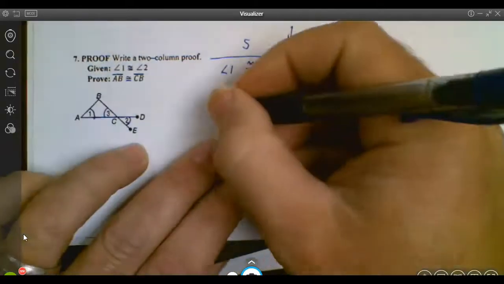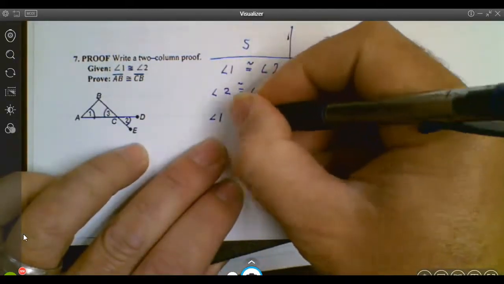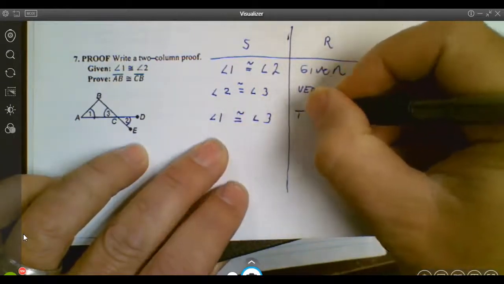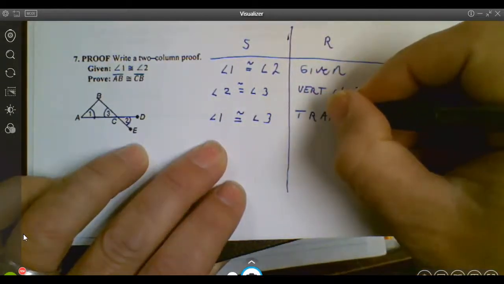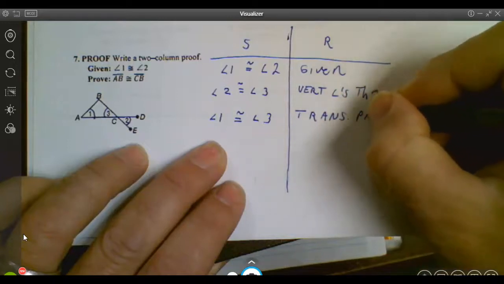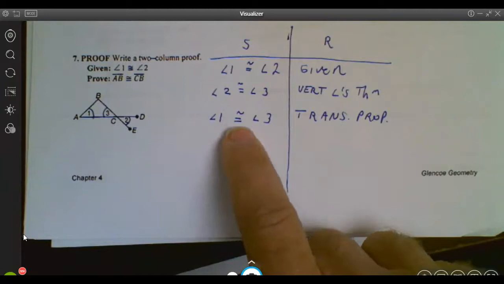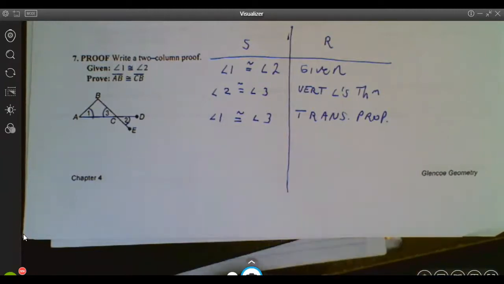Well, those guys would also have to be congruent by the, hopefully you said transitive property. Guys, remember that is not substitution. Substitution is only supposed to get used with an equal statement, not a congruent statement. Okay, so this does need to be transitive property.